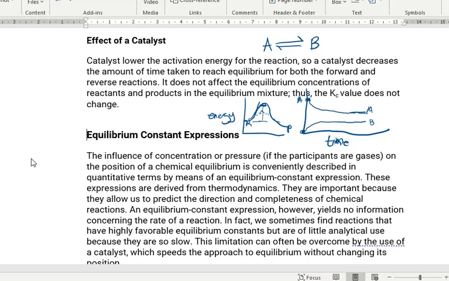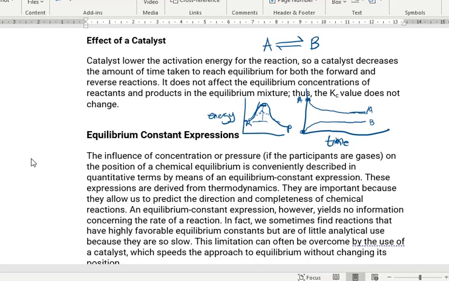Now, the thing is, the catalyst could speed up the forward reaction, but it also speeds up the reverse reaction. So aside from speeding up the forward, it also speeds up the reverse, which cancels its effect. So that is why in an equilibrium system, the effect of a catalyst does not have any effect. Okay?